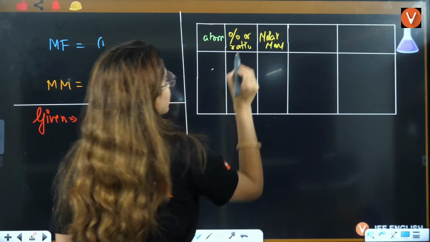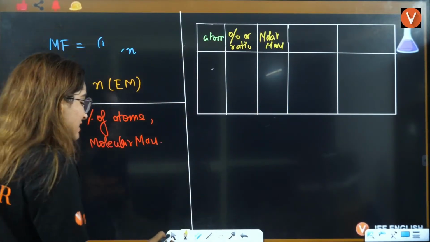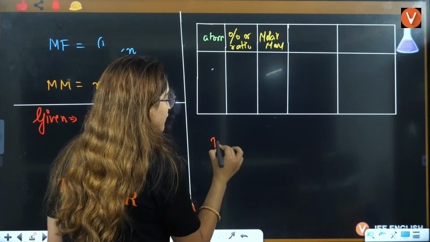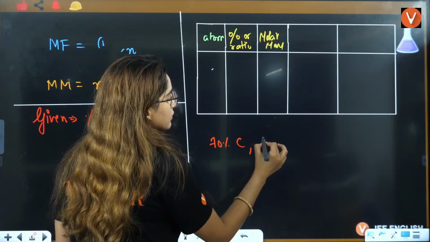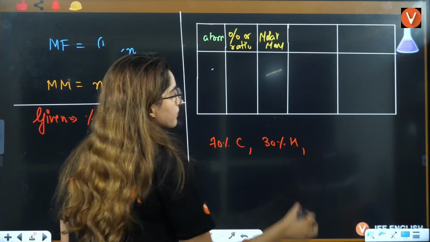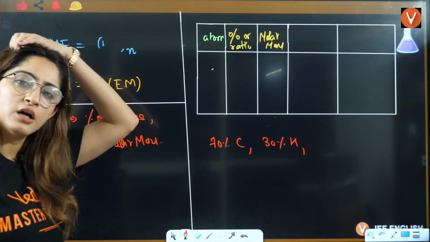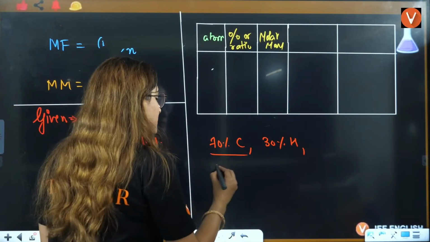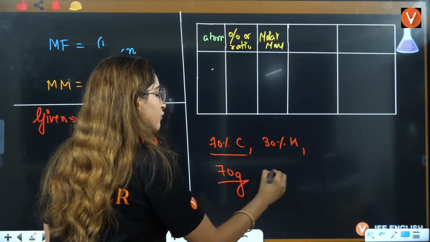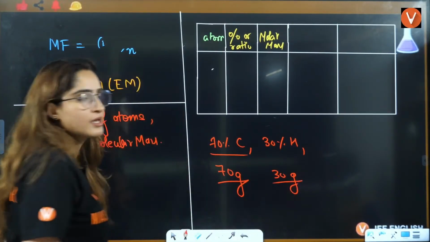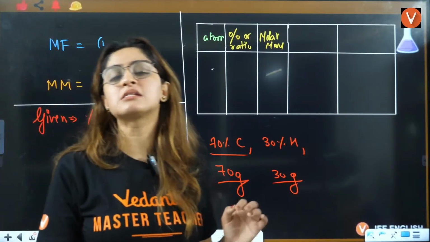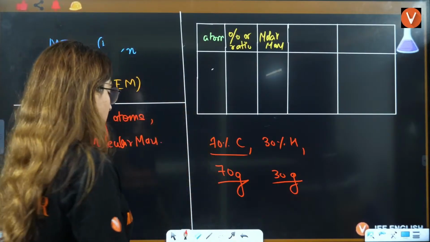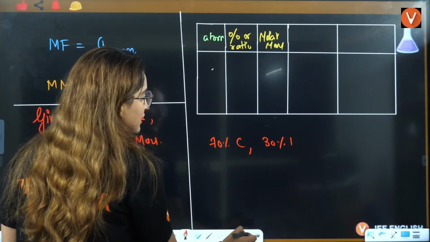Let's imagine they have given you 70% of carbon, 30% of hydrogen in an organic compound. Now 70% means 70 gram of carbon, and 30% means 30 gram. That means this percentage is nothing but the given mass.